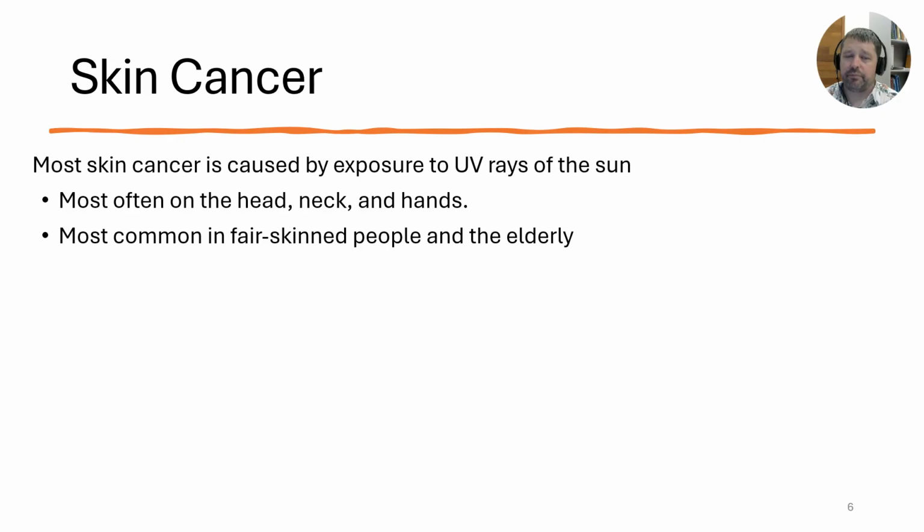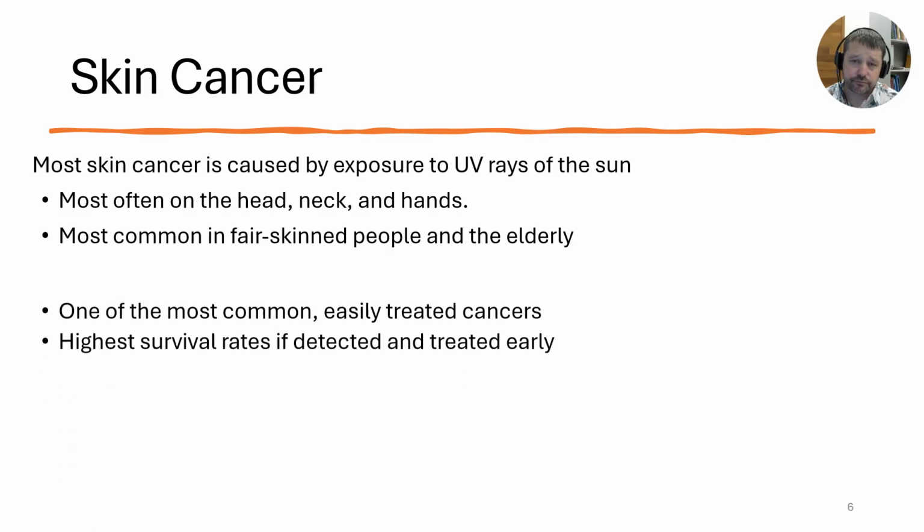And of course, skin cancer happens to have a much higher prevalence in fair-skinned people, individuals that do not have that melanin protection that you would see in darker skinned individuals.